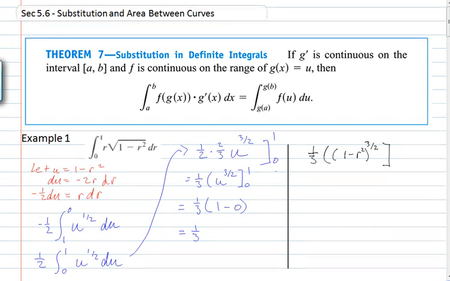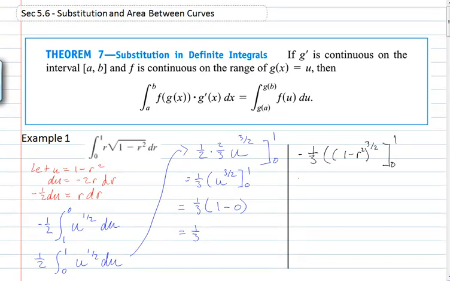Ooh, wait, we have a problem. I can't just do that because I flipped the bounds to get rid of the negative. I think we have to flip our bounds. Yeah, I've got to put the negative here and then go from 0 to 1, because right here I flipped the bounds. I've got to undo that flipping because I'm keeping my original bounds. No flipping, keep the negative. You with me so far?